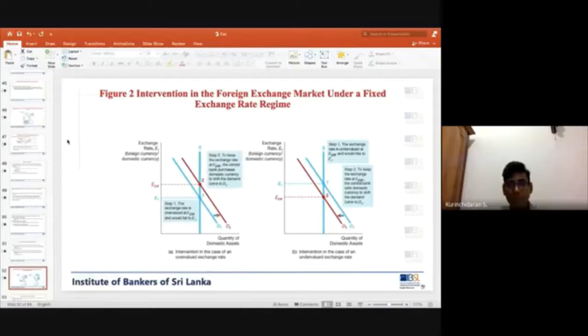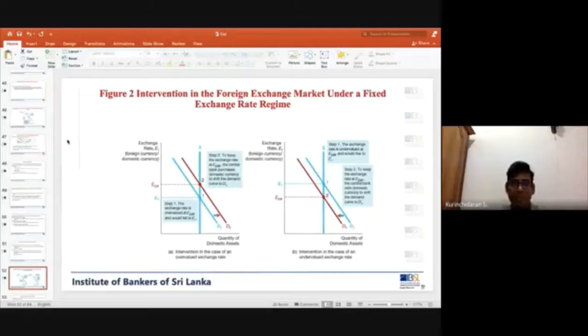Step one: the exchange rate is undervalued at E par and would rise to E1. It will rise to E1 because it's undervalued. So when it rises to E1, what will be step two? To keep the exchange rate at E par, the central bank sells domestic currency to shift the demand curve to D2.